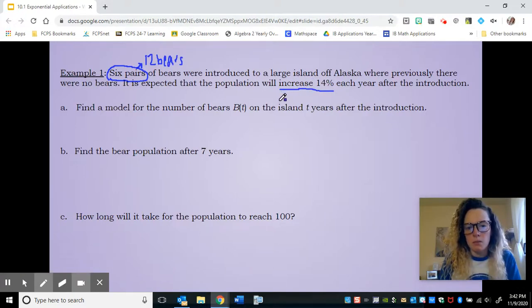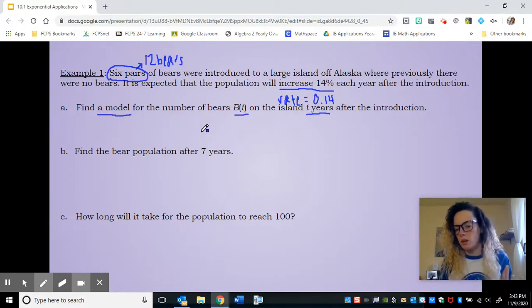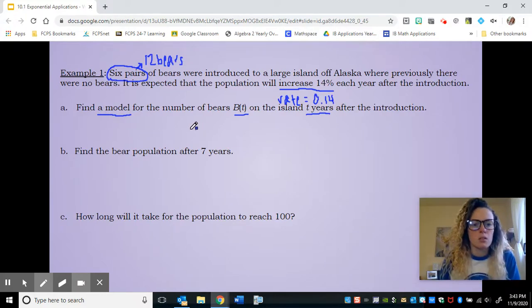So this tells me that my rate is 14%, or as a decimal, 0.14. So in part A, they're asking us to write a model, aka an equation, for the number of bears, B of t, on the island t years after the introduction. So they're just asking us to write a general formula. So I'll have my B of t, since that's what they asked me to use.